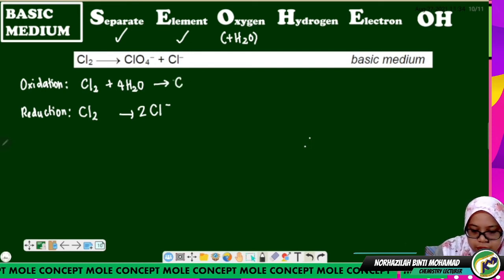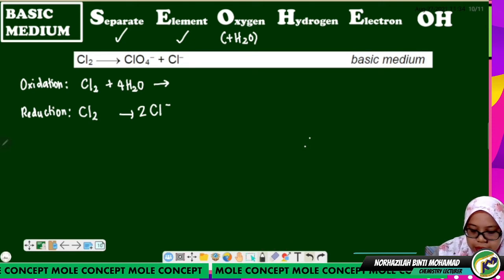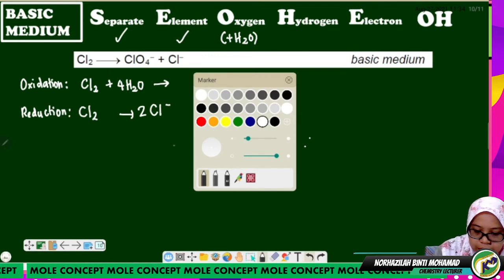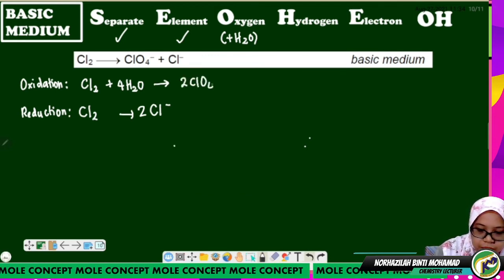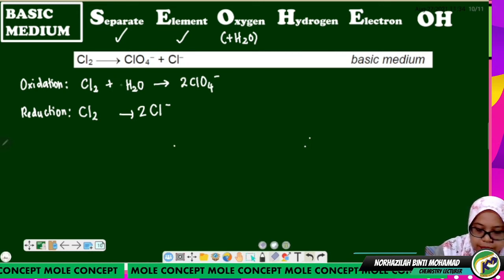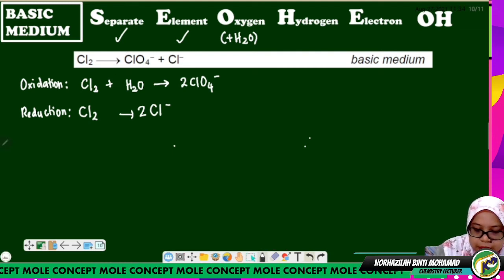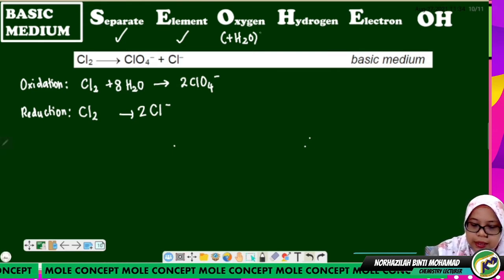Sorry, let's write it again. So just now there was 2 ClO4 minus. Oh, actually not 4, it is 8, because 2 times 4, so I have 8 H2O. On the second equation, there is none, so no need to touch it. Okay, and then oxygen is settled.